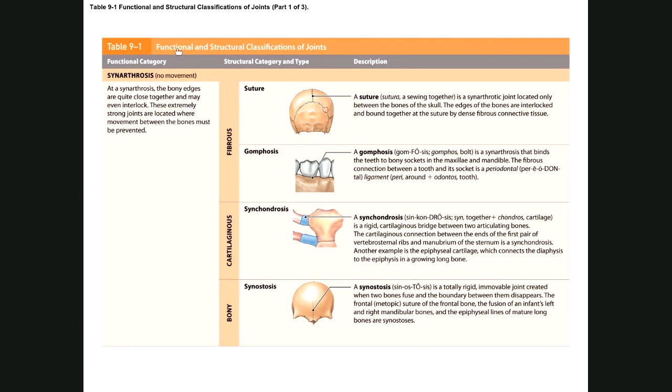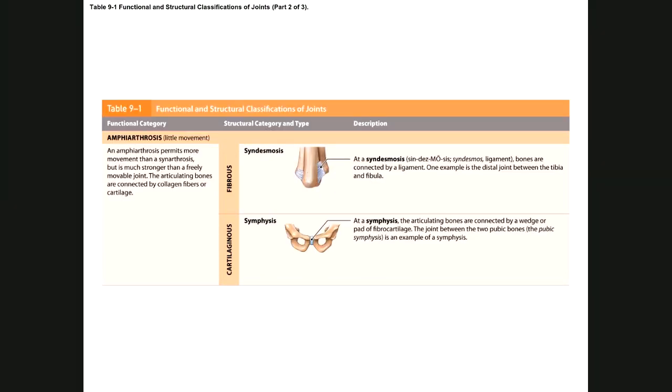Now, these are synarthrosis, right? They're immovable. Here's another example, amphiarthrosis. Amphiarthrosis is slightly movable. Again, there's a fibrous type or collagenous type. The fibrous type here is called syndesmosis, which is basically an example of the ligaments between the tibia and the fibula, for example.